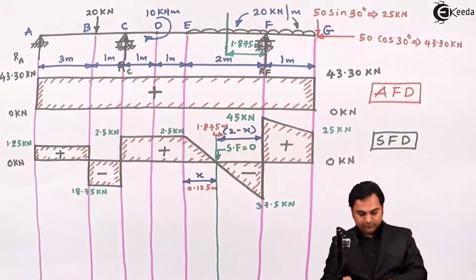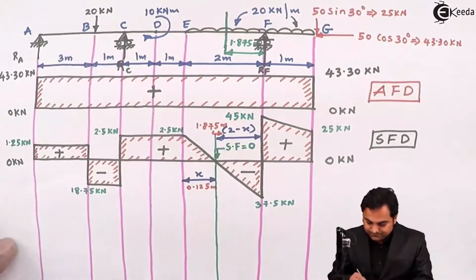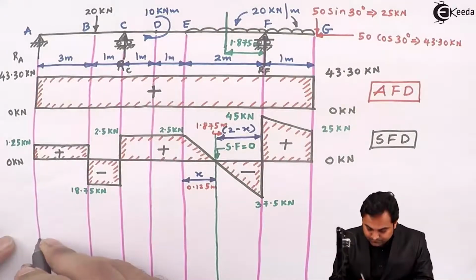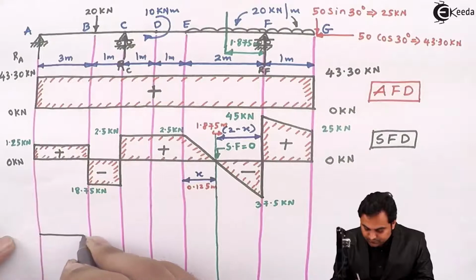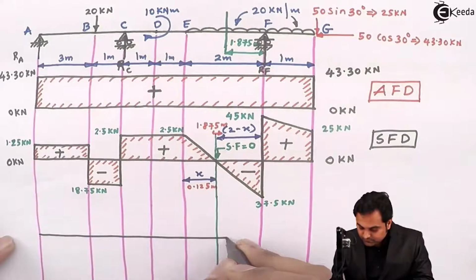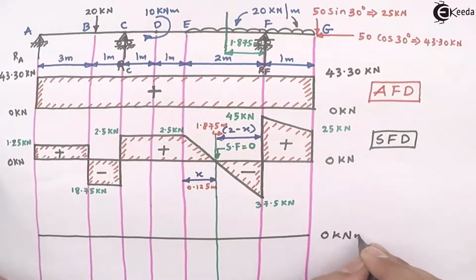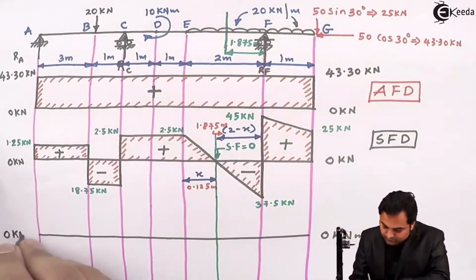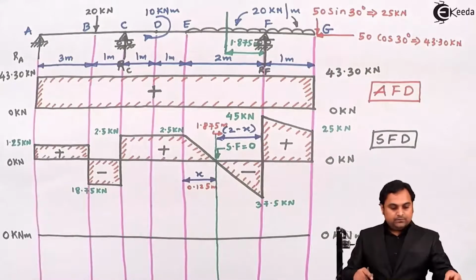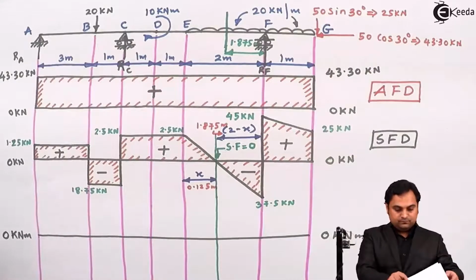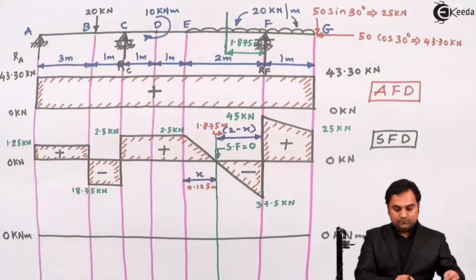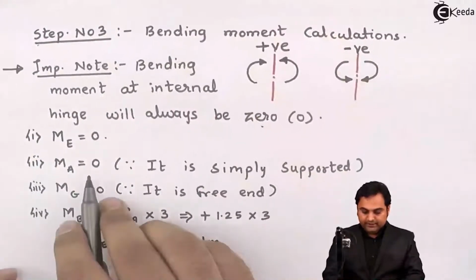And now I am going to plot that. Again, zero line. Moment at point A is 0.